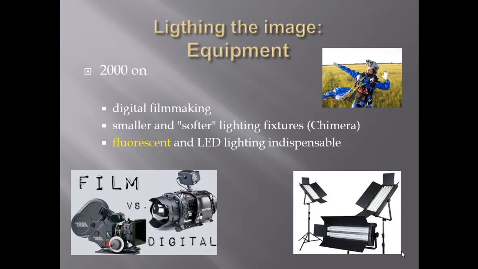From 2000 on, thanks to digital filmmaking, lighting fixtures started to be smaller and softer. You know that chimera in English is pronounced like character, CH without the ch, but k, yes? And fluorescent lights became indispensable instead of being a problem as they used to be, and of course LED lighting also.